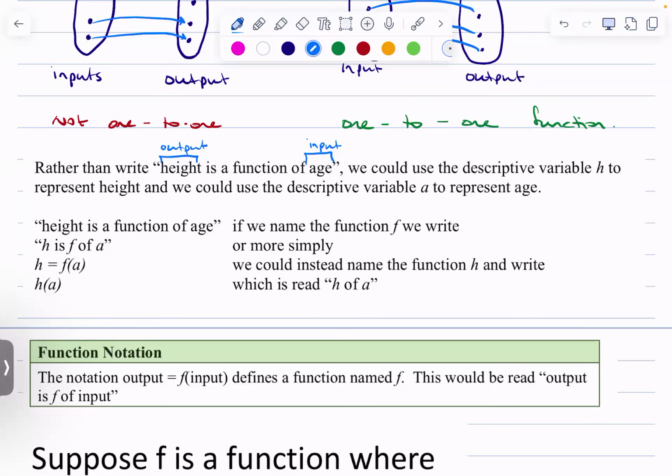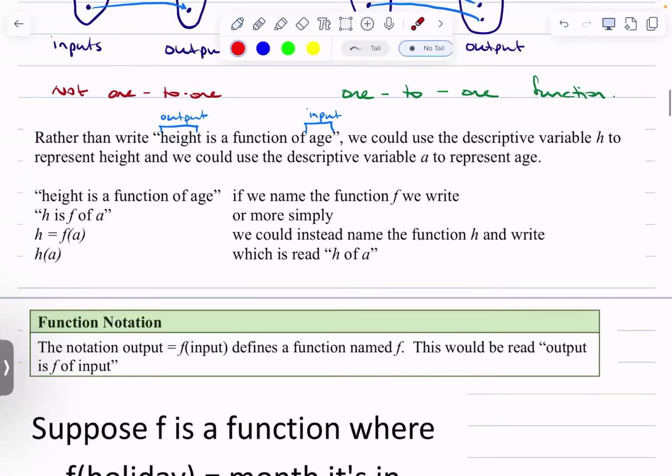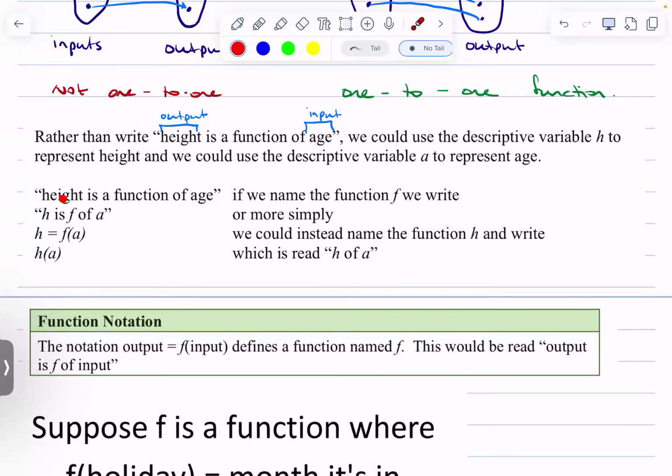So if we start here, height is a function of age. I don't want to write that out. That's really long. So what we can do is replace height with just an H. Usually, if we're doing that, we would define them somewhere earlier if I'm using shorthand for variables or names like this. But sometimes if it's obvious, you're allowed to just go ahead and do it.